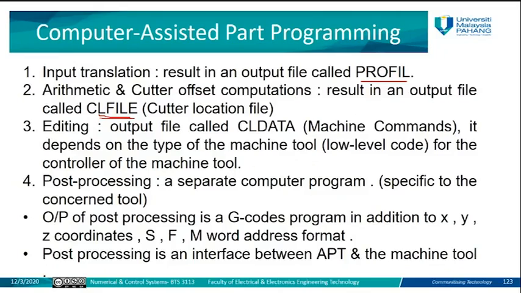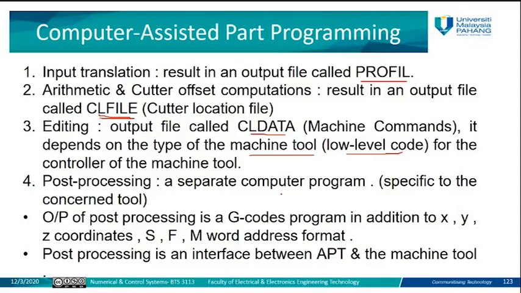All this will be stored in a file they call CL data, machine commands. This will depend on the type of the machine tool. In order to translate this into the low-level language of the machine, there will be an interpreter to convert the information fed in a high-level language into a low-level language for the machine. Then the last will be post processing.